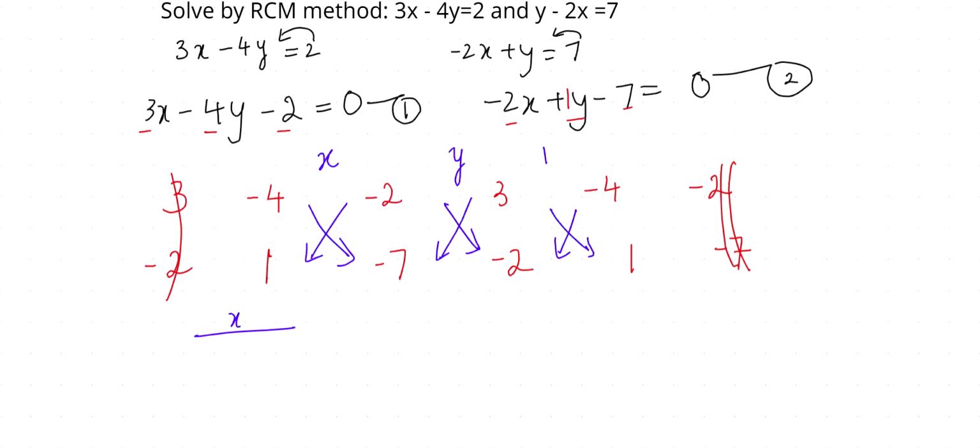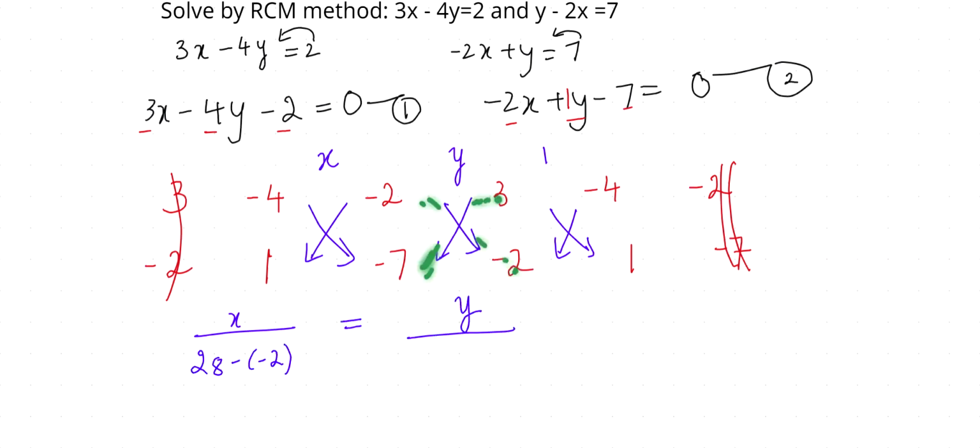plus 28 minus minus 2 is equal to y upon, similarly, this product, that is minus 2 into minus 2 is plus 4, minus this product. This product is minus 21.